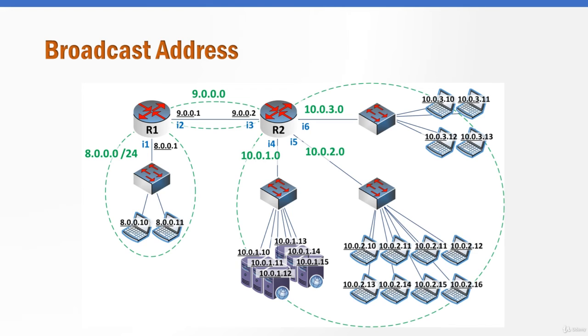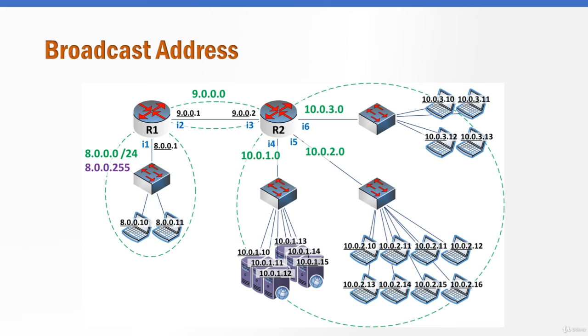So how do we figure out the broadcast address there? Well, we simply take the host portion and turn it into ones in binary format. In decimal format, when we have 8 consecutive ones, that's 255.